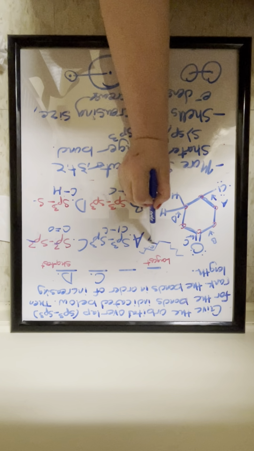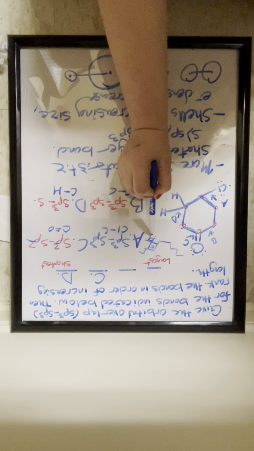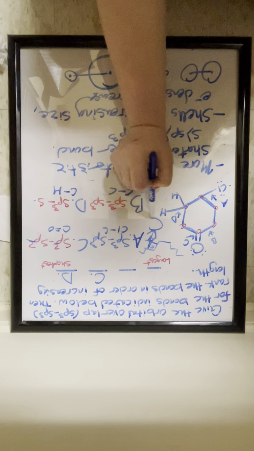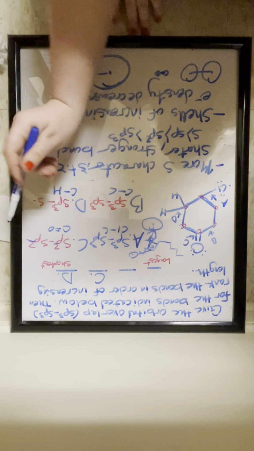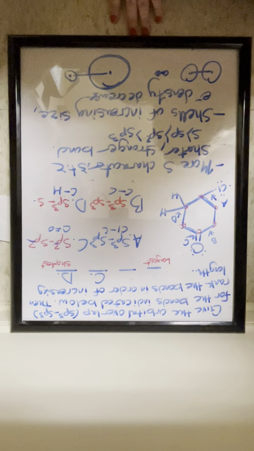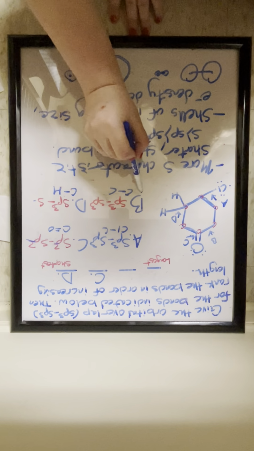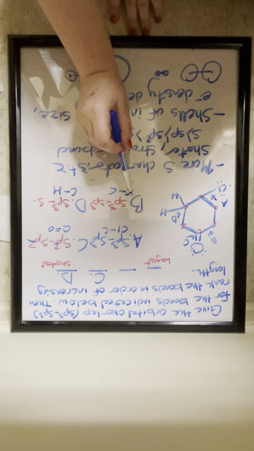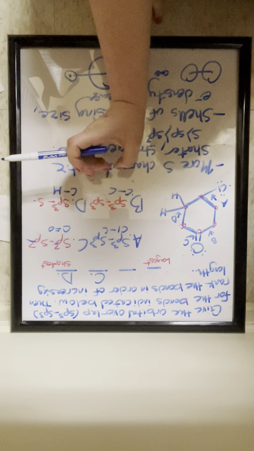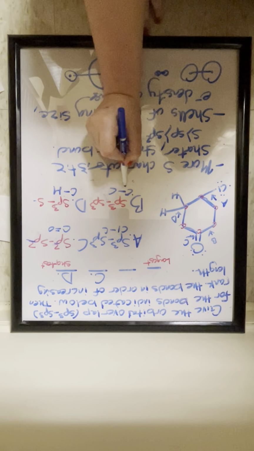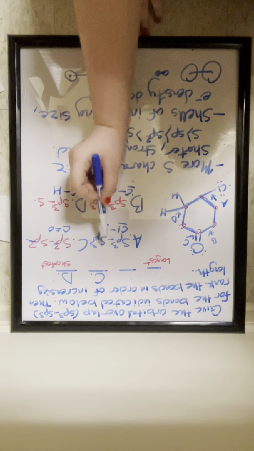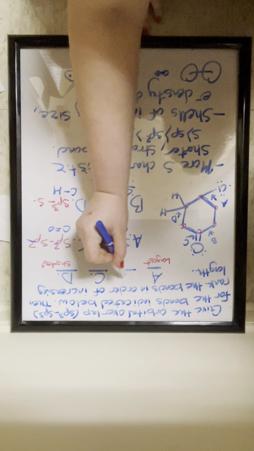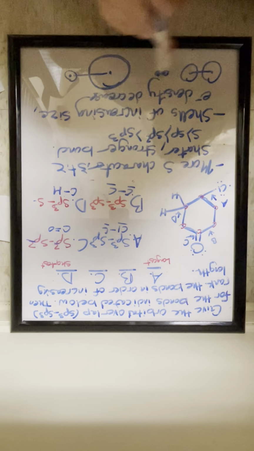It's a little bit lower on the periodic table. So therefore, it's going to have an increase in size versus carbon, which is going to have that smaller size. So B is actually going to have a smaller bond length than A because it is just a carbon-carbon connection versus a chloride-carbon connection. So A is going to be the longest, and B is going to be right here kind of in the middle. All right?